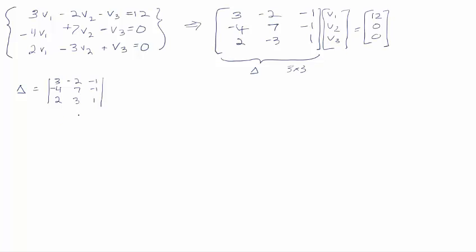So it's a little bit different than what I'm used to, but we'll do it that way. So 3, minus 2, minus 1, minus 4, 7, minus 1. And then what you do is you say this number times this number times this number, that's a number, plus this times this, minus, going backwards, minus this product, minus that product, and then minus the third product.